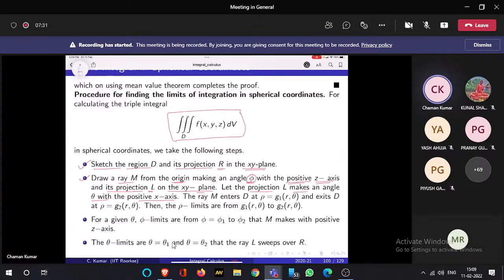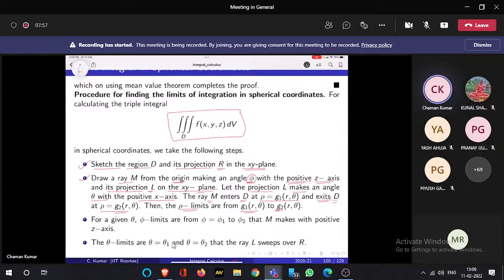Then identify the points where this ray M enters the region, and let us assume that the ray M enters the region when rho is equal to g1(r, theta), and exits the region D when rho is equal to g2(r, theta). This gives you the limit of rho, which is from g1(r, theta) to g2(r, theta).